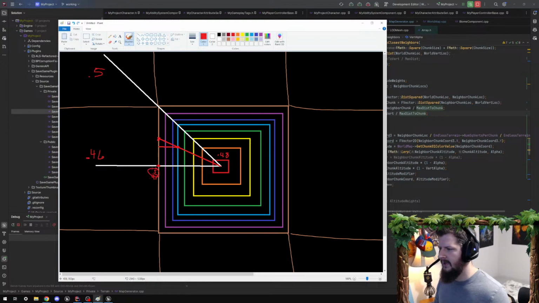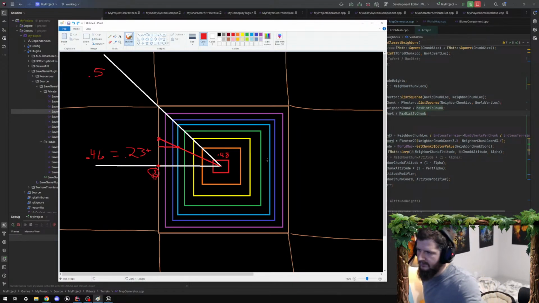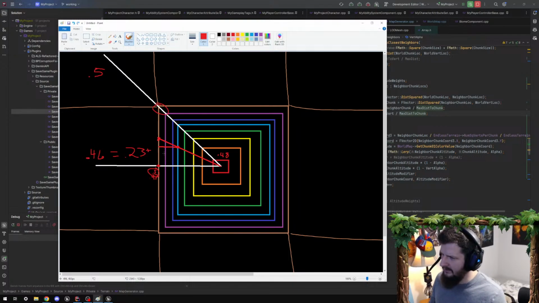And I'll take 0.5 multiplied by 0.46, which would equal 0.23. And then I want to add that to distance from edge, right? How much, and I would lerp between 0 and 0.5. Or 1 and 0.5. It would be 1 here, and it would be 0.5 here. I think is what I would want to do. Would it be 0.5 here, though? I don't know. I don't know.